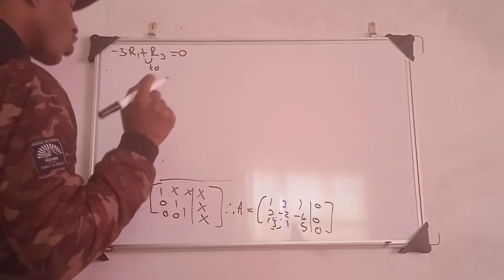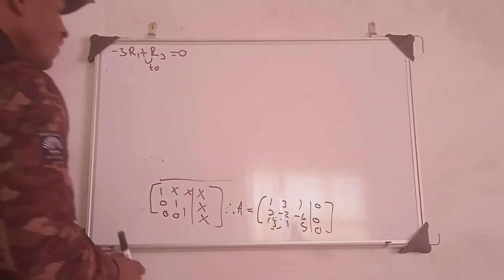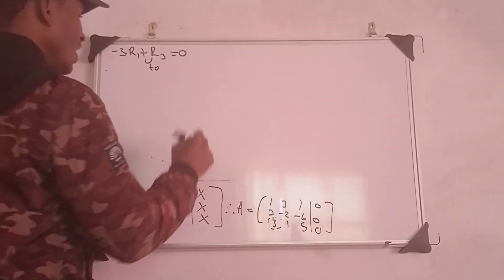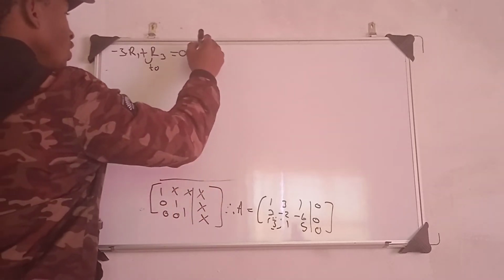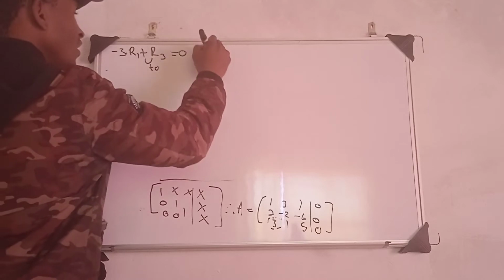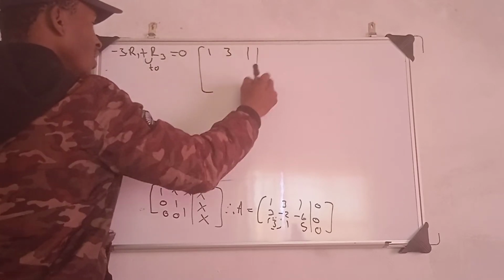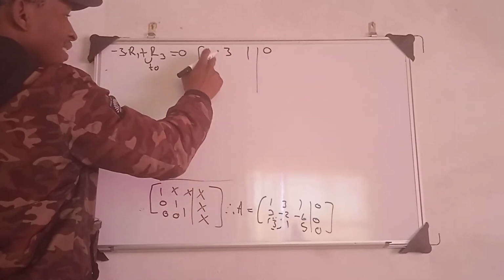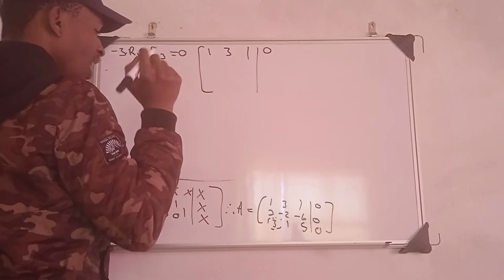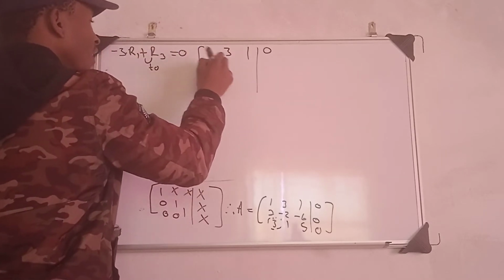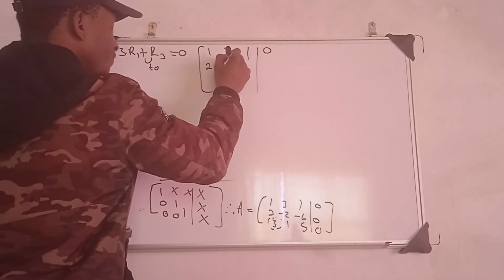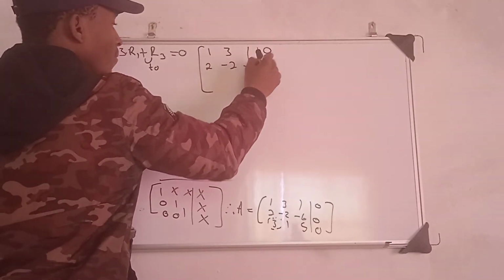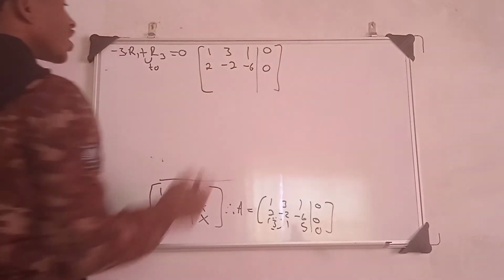Rows 1 and 2 will remain the same. They will never change. So right now, let's write our matrix like we see it: 1, 3, 1, and this one equals 0. I said row 1 will not change, and also row 2 will not change because I'm adding to row 3. So row 3 is the one that will change in this case.